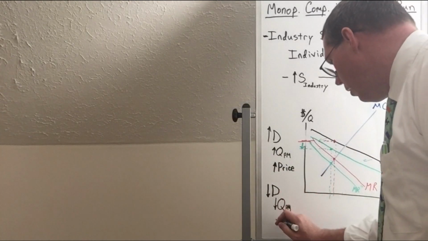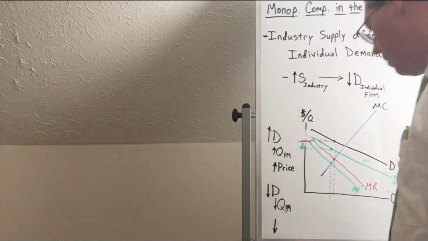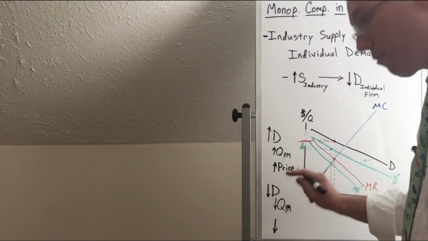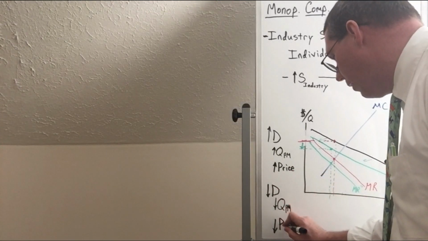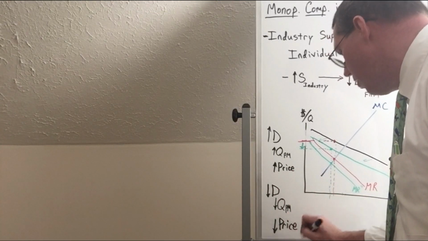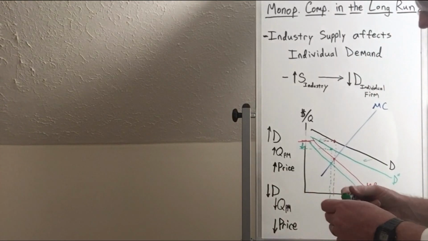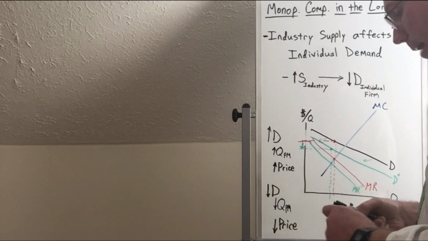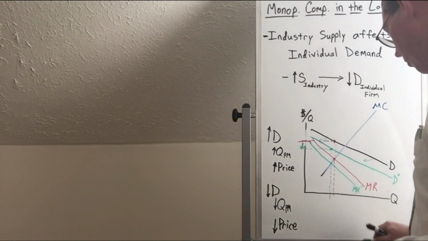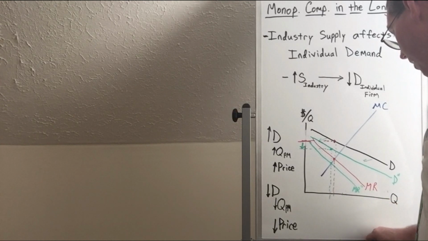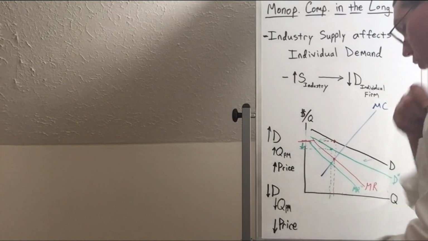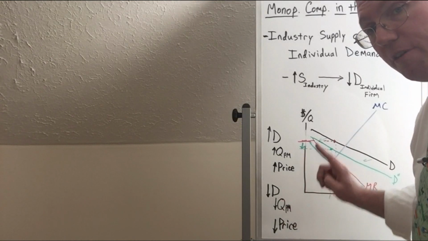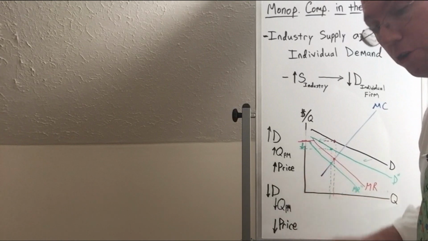And therefore, when a monopolistic competitor experiences a decrease in demand for their products, they also wind up lowering their price so that they can sell at the profit maximizing quantity. So it's important to understand that monopolistic competitors' price and quantity are sensitive to the demand for their particular product.